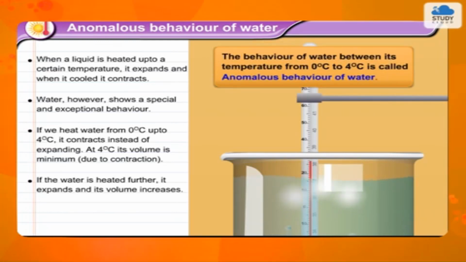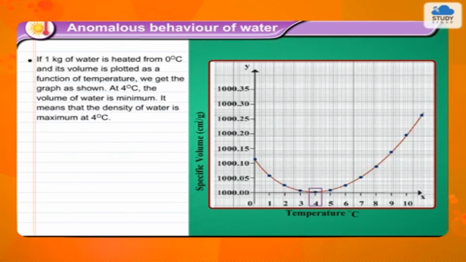The behavior of water between 0 degrees Celsius and 4 degrees Celsius is called anomalous behavior of water. If 1 kg of water is heated from 0 degrees Celsius and its volume is plotted as a function of temperature, we get the graph as shown. At 4 degrees Celsius, the volume of water is minimum. It means that the density of water is maximum at 4 degrees Celsius.